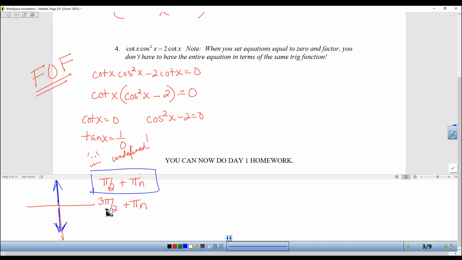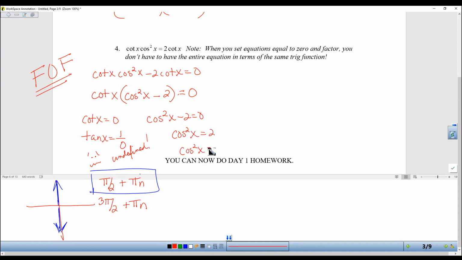But some of you are really going to like writing both because it'll make you feel like you understand it better. All right, we still have a whole other half of the equation to do. Cosine squared, I can just solve it regularly because there's no plain cosine. I don't have to factor.